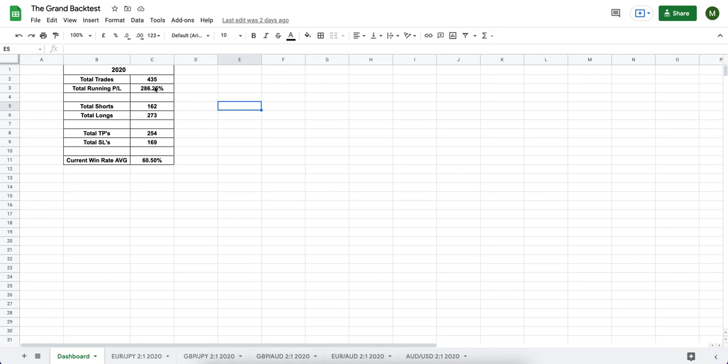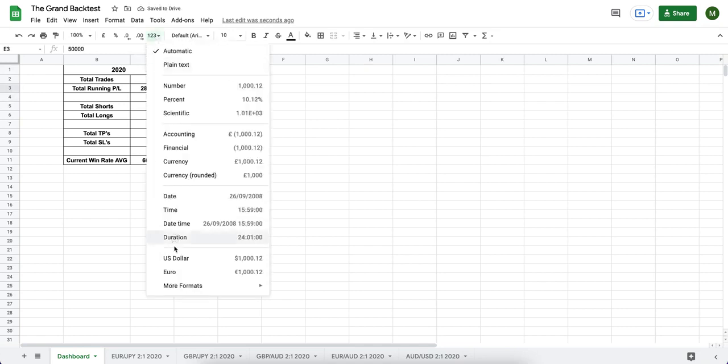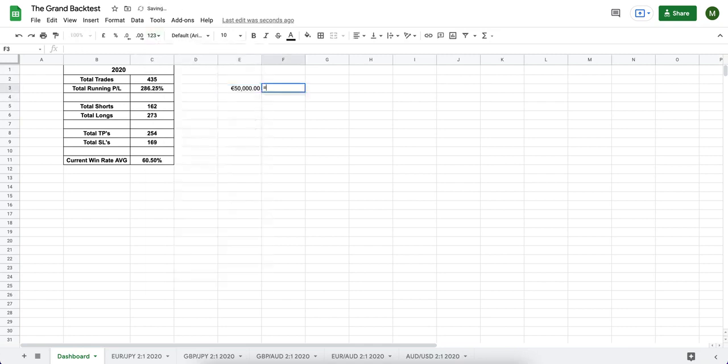435 trades, and the total profit that we made was 286.25%. So if we use, for example, our capital, which is 50k, we can say in monetary value that now our account is 143,125 euros.